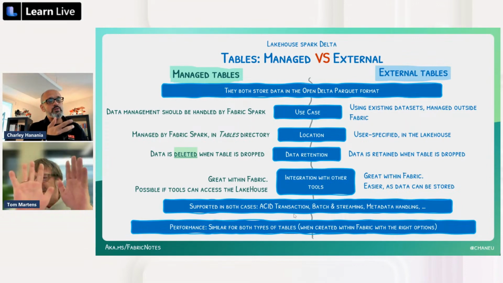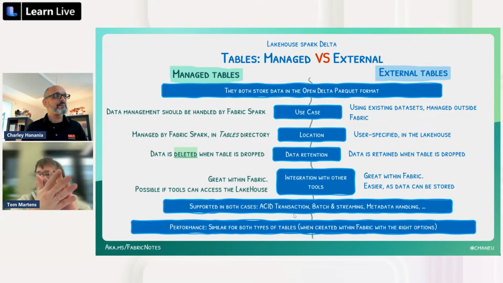Because it's managed externally, this comparison is a little bit philosophical, sure, because both delta tables, no matter what, are delta Parquet files or delta Parquet somethings, and are representing a table.